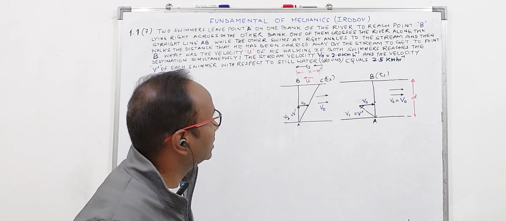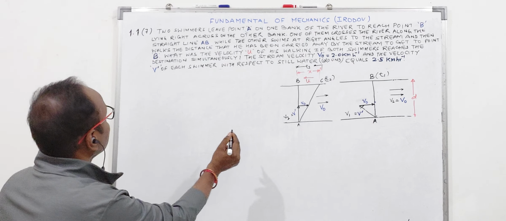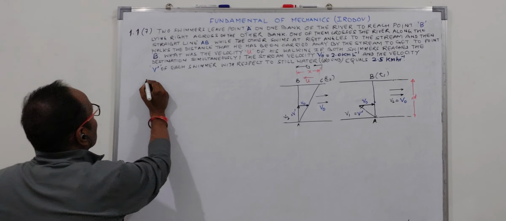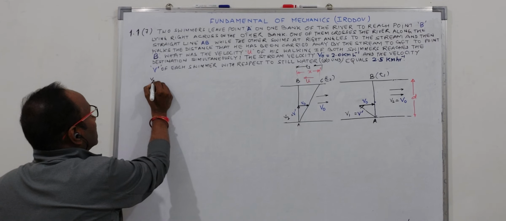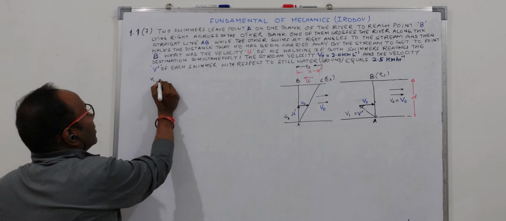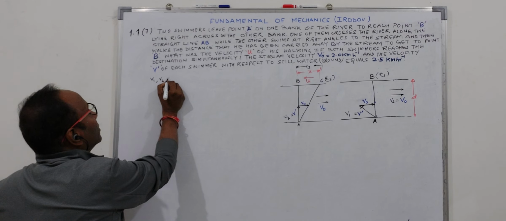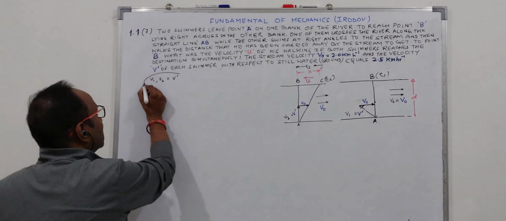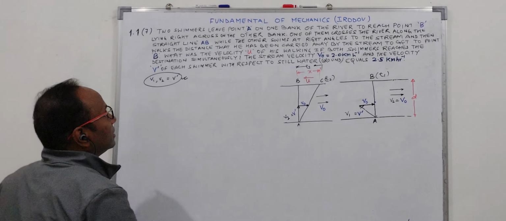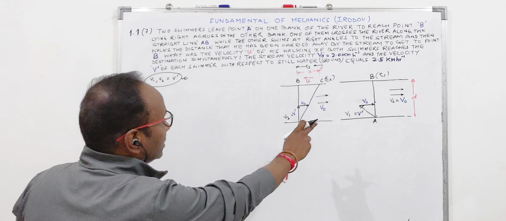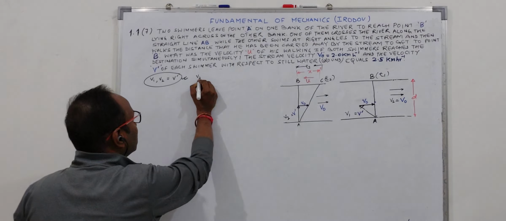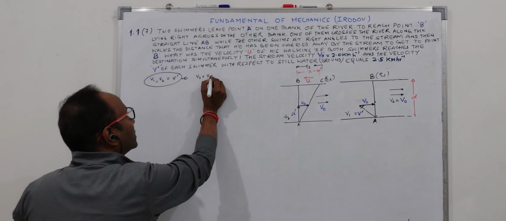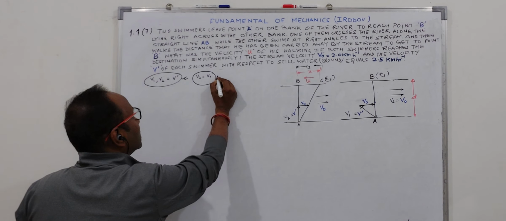So given in the question: velocity of swimmer 1 and velocity of swimmer 2 is equal to v dash. This is given. Then the velocity of stream is given, that is v naught.